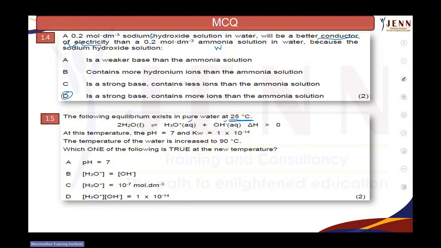They say the forward reaction has an enthalpy greater than 0. So the forward reaction is endothermic. And what did they do? They increased the temperature. So that means they are talking about a reaction that wants that increase in temperature.